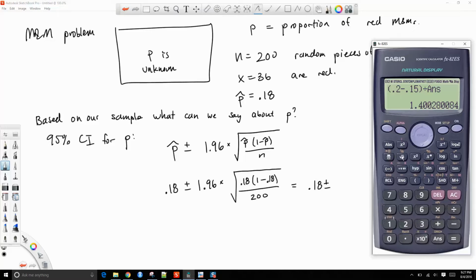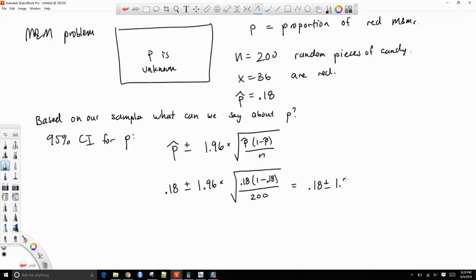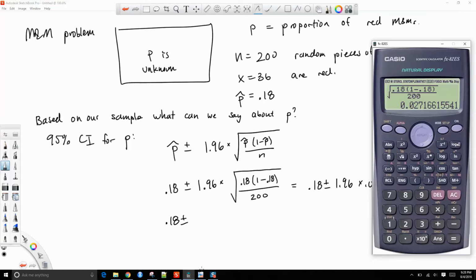So I'm going to get the square root of 0.18 times 1 minus 0.18 divided by 200, which is 0.027166. So I'm going to have 0.18 plus or minus, and I'm going to multiply that times 1.96.